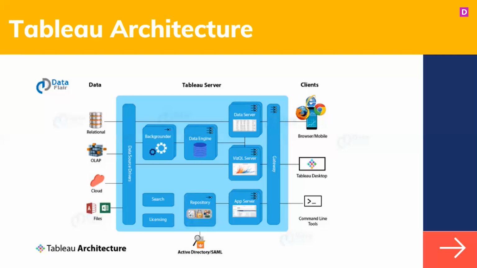Simple. Now, coming to the server part, if you look into Tableau's server architecture internally, it comprises three major components. One is your application server. This is supposed to be your work group server.